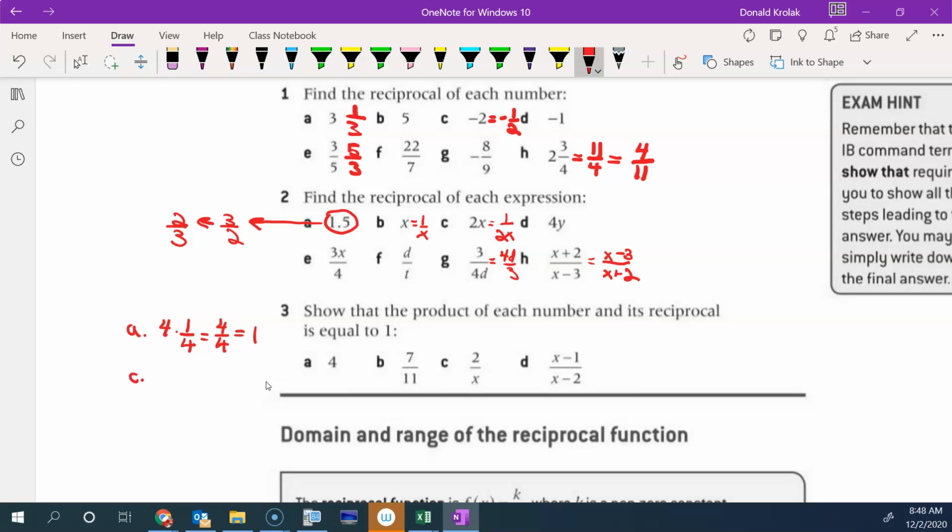If I take 2/x and I multiply it by its reciprocal, I'm going to get 1. Right? If I take d and I multiply it by its reciprocal, okay, it's going to equal 1. So the product of a value and its reciprocal is always 1.